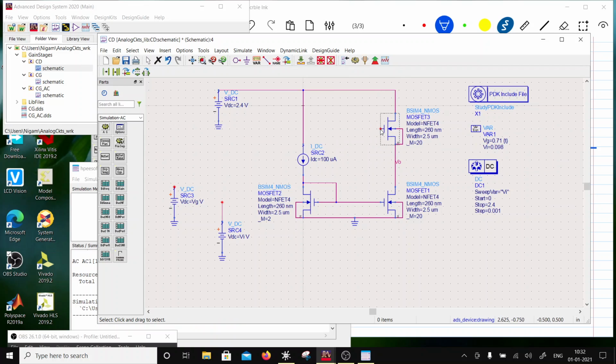So in this case, the input is over here. And this we don't need. Okay, so the input is over here, right? And then the drain is at a DC ground, which is a small signal ground. So the drain is common between VI and VO. So this is a common drain.